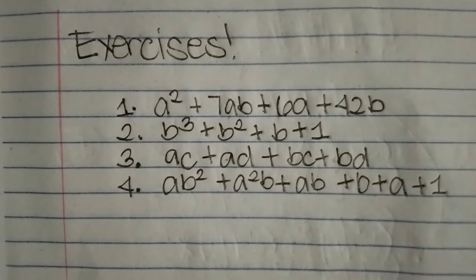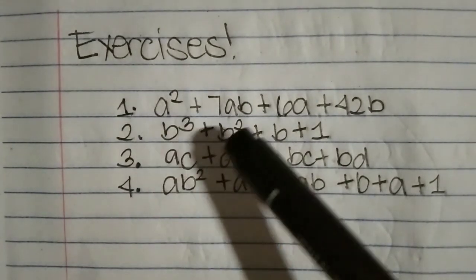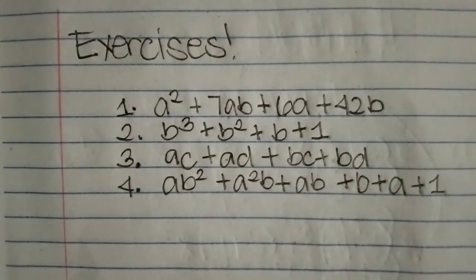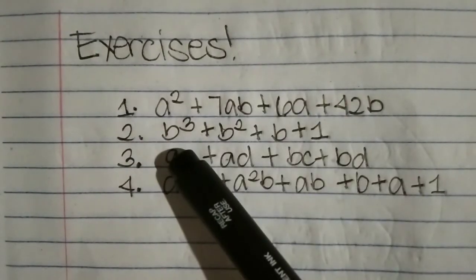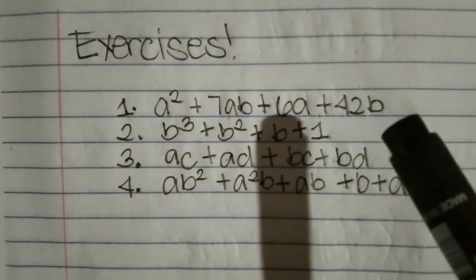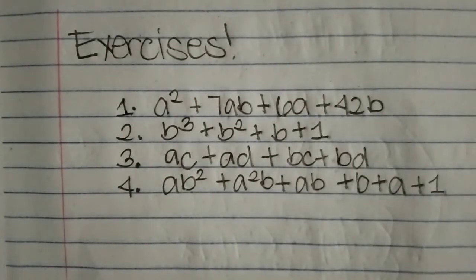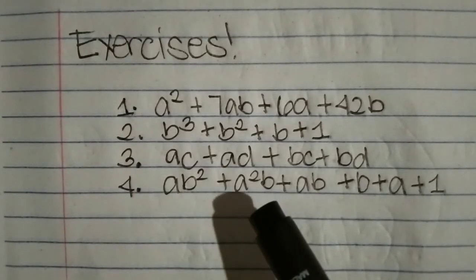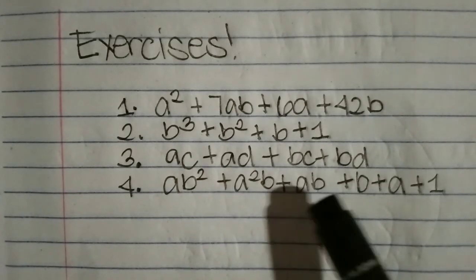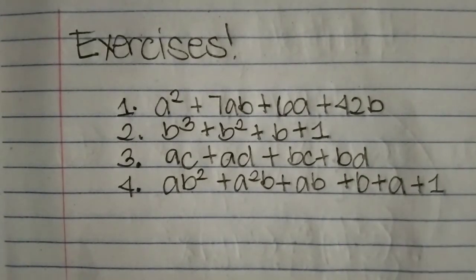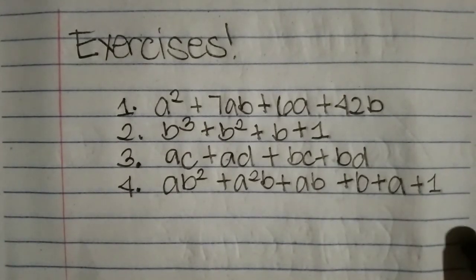Number 2, we have b cubed plus b squared plus b plus 1. Number 3, we have ac plus ab plus bc plus bd. And number 4, we have ab squared plus a squared b plus ab plus b plus a plus 1. Now, the task is to completely factor the expressions.